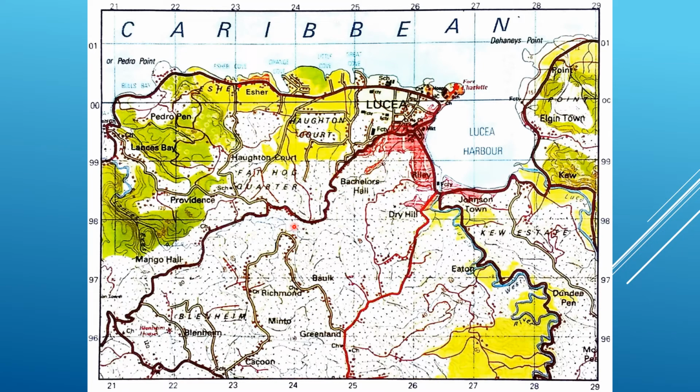So remember, students, the first thing we have to do is to locate the 4-figure grid reference of the quarry. Now, looking at that map, can you tell me what is the 4-figure grid reference of the quarry? I'll wait. Okay, so it is 2698.